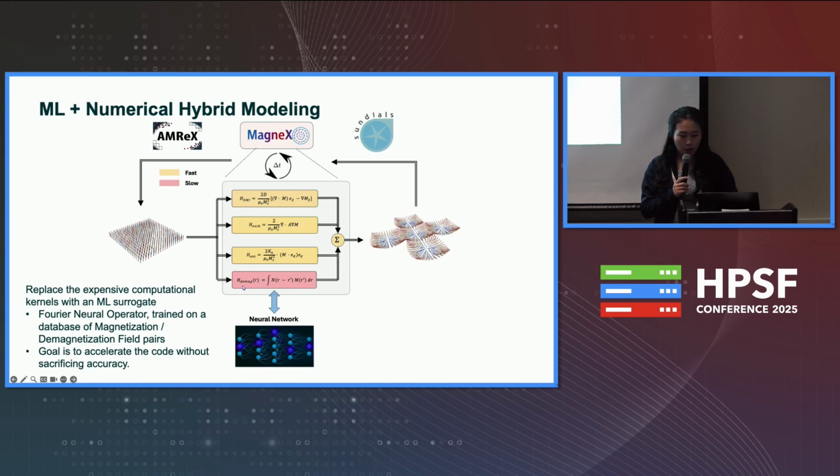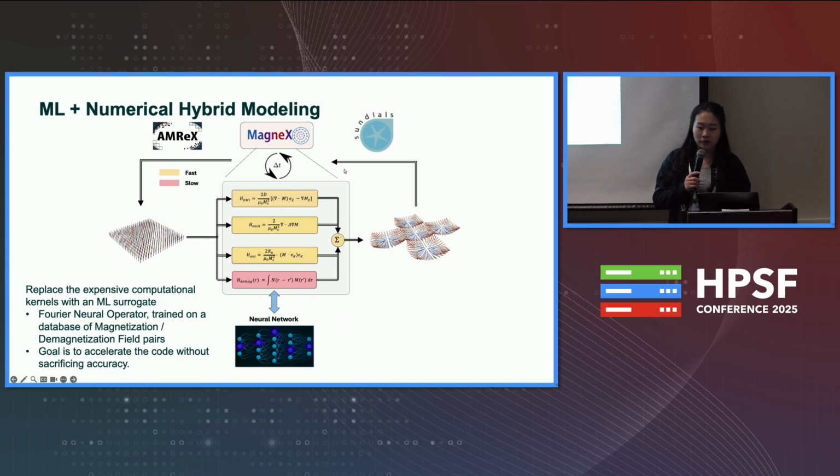That is slow. So we replace this part with FNO, Fourier neural operator, because of the similarity between the Fourier transform and the solving of the Green's function of the kernel calculation.